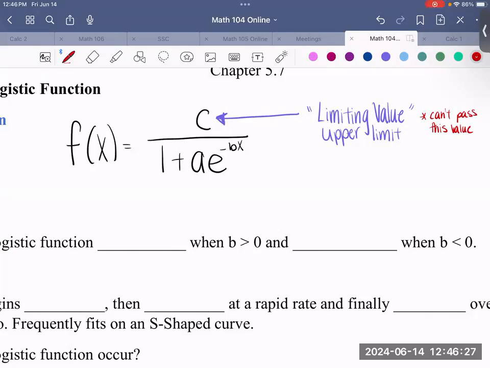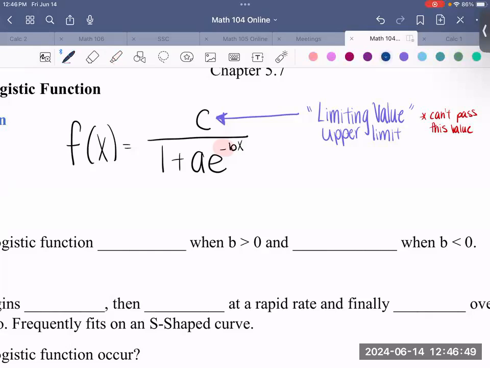Now, E is just regular E that we have been using in this chapter. So it's not a variable. There is a lot going on here, as you can tell. Notice that we do have a negative value here, so don't forget this negative will change the shape of things.